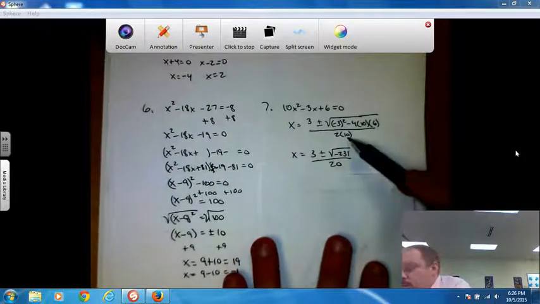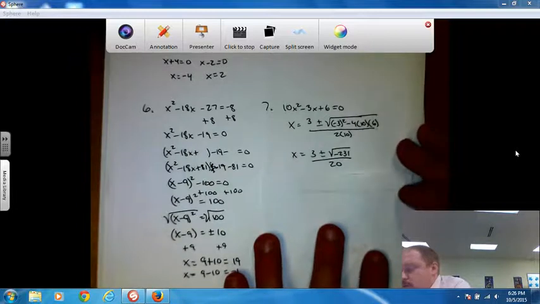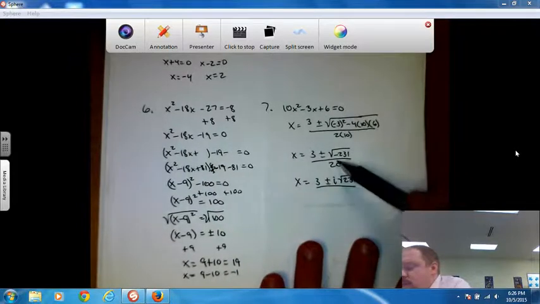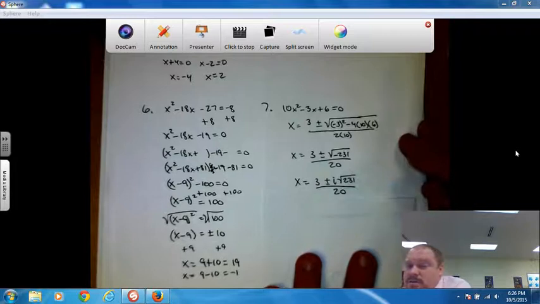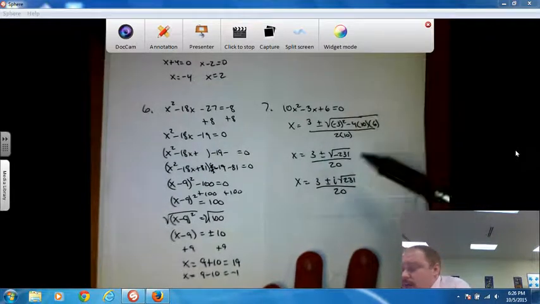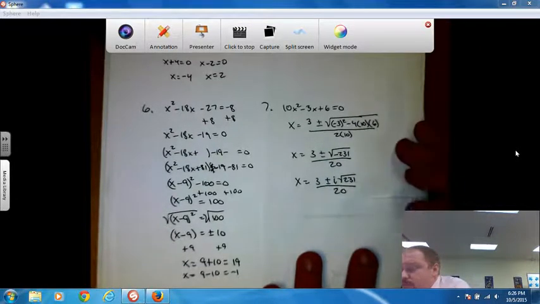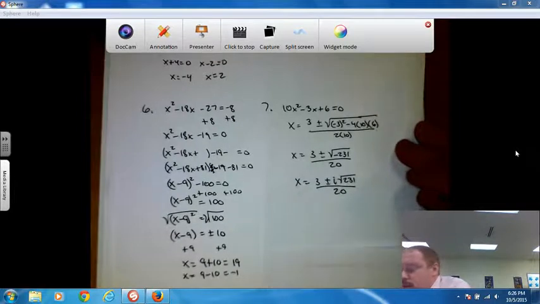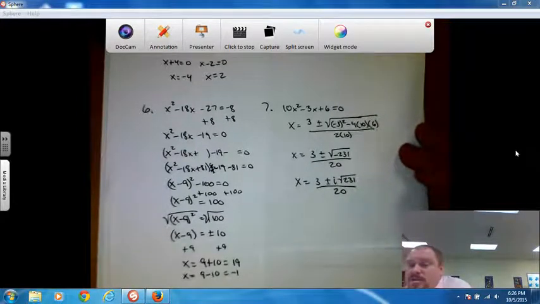Okay, clean up the bottom, you get 20. Well, I can't leave my answer with a negative sign inside the radical, so I take that out and put an i in front of the radical, and that's my final answer because there is no way for me to simplify the square root of 231.